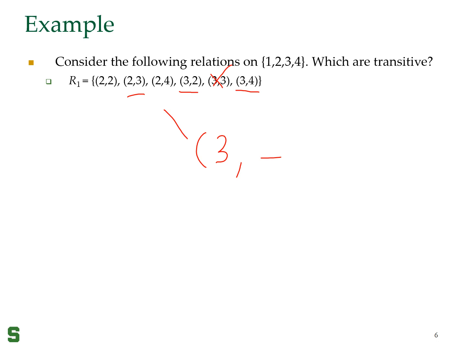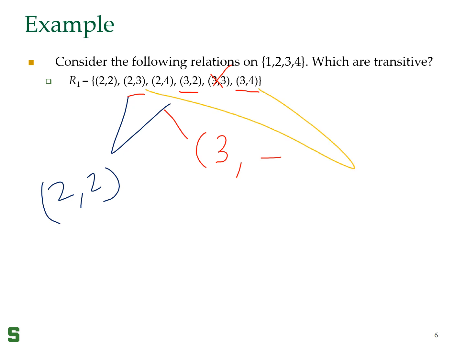Okay, so if I combine these two pairs, I need to have the pair 2, 2 in the relation. If I combine these two, I need 2, 4 to be in the relation. Both ones I'm happy with because I see 2, 2 over here, and I see 4, 4 over here. That means I'm happy with this.